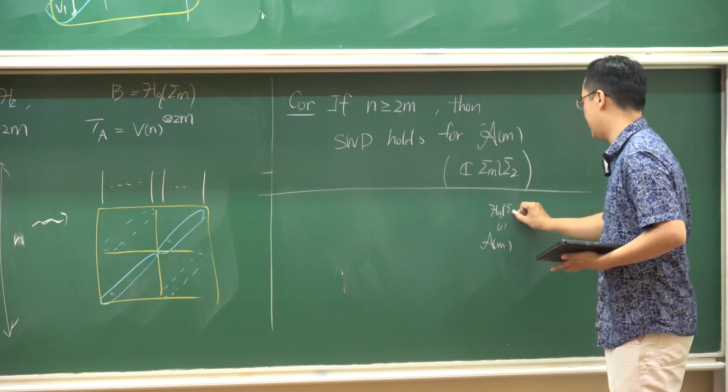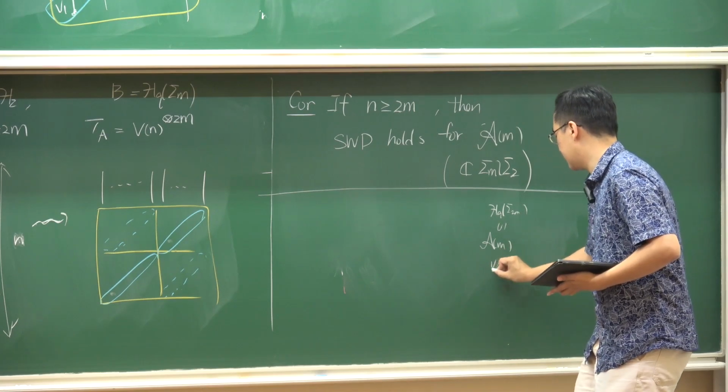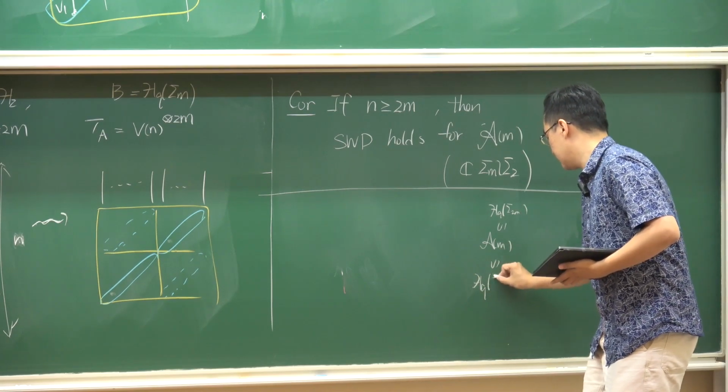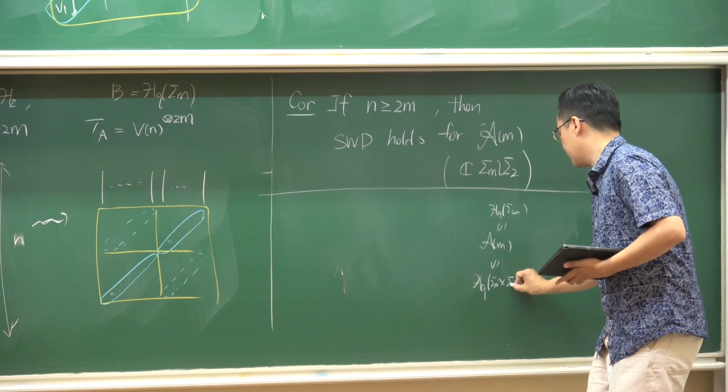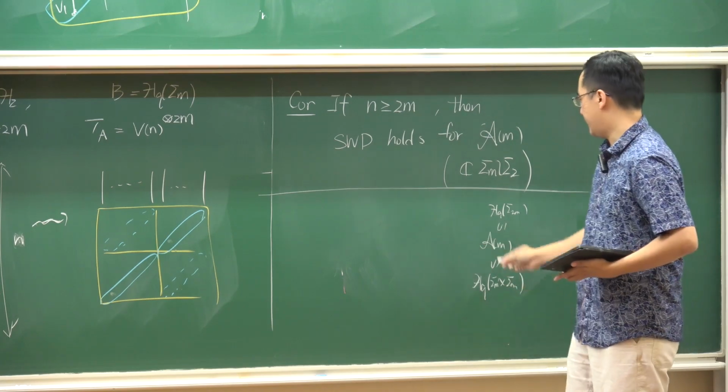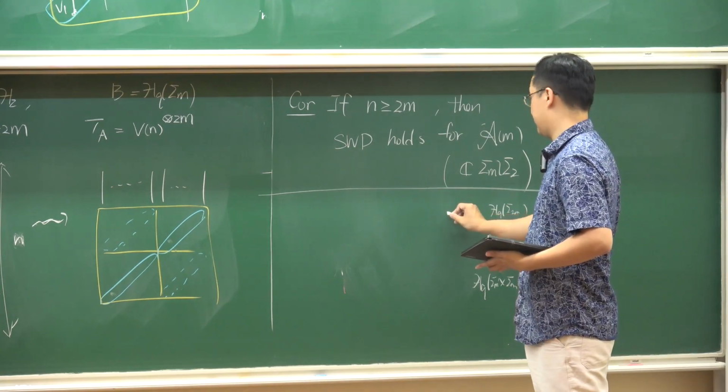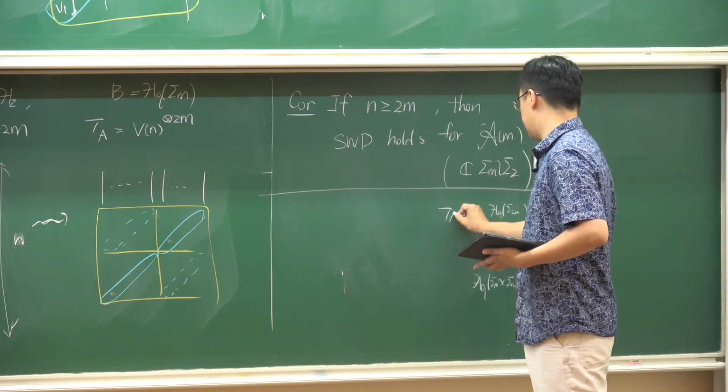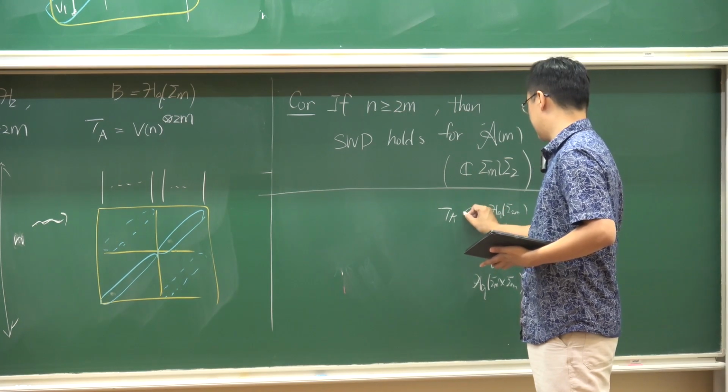subalgebra of the type A Hecke algebra, and it also contains the parabolic. So this canonical action here happens to be the type A tensor.